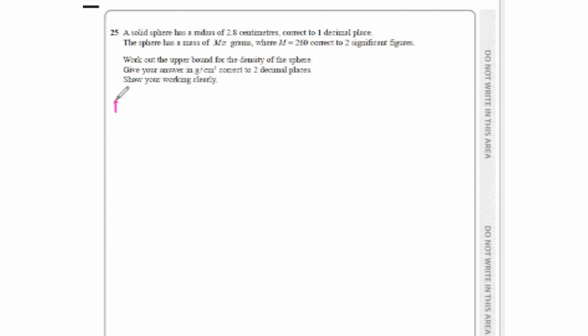So firstly, density is mass over volume. If they want the upper bound of density, that means mass will be upper bound and volume will be lower bound. Because in division, if you're trying to find the upper bound, the numerator is the upper bound and the denominator is the lower bound. So now to find the lower bound of volume, we need to find the lower bound of the radius. So radius is 2.8 centimeters correct to one decimal place.